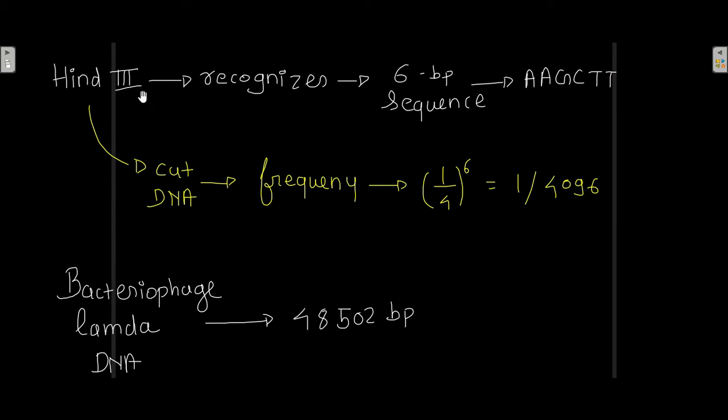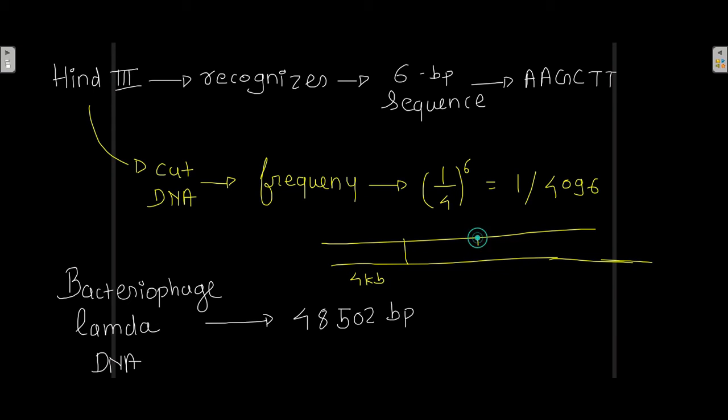This restriction enzyme recognizes a 6 base pair sequence, AAGCTT, and on the basis of this information we can calculate its frequency as 1 in 4096. So if this is a DNA fragment, then after each 4 kilobase pairs it will make a cut. That is what we are estimating from this information.